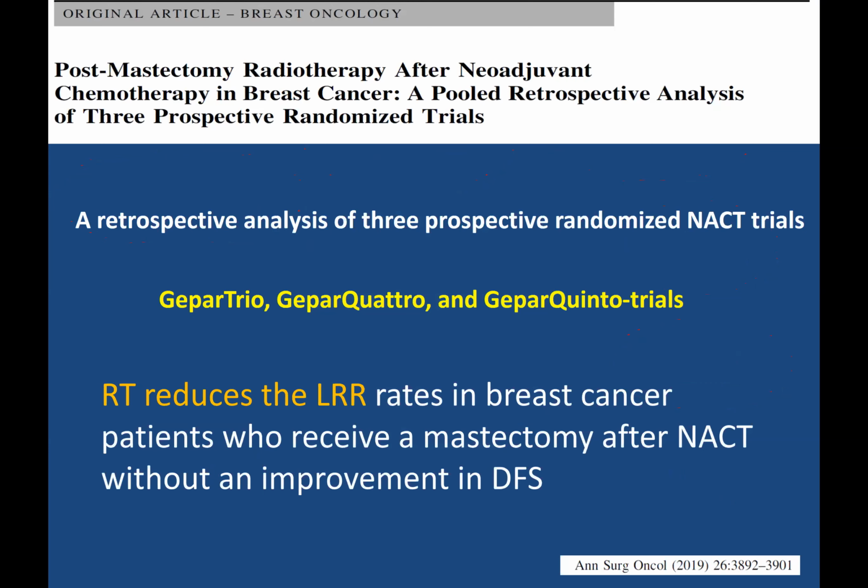This is the area where Dr. Rashmi has talked regarding the question of post-mastectomy radiotherapy after neoadjuvant chemotherapy in breast cancer. As she rightly pointed out, we'll have to wait for better prospective randomized trials. We have some retrospective analyses of the three major prospective randomized trials, and all have shown that in locally advanced breast cancer, radiotherapy reduces the loco-regional recurrence rates in patients who receive a mastectomy after neoadjuvant chemotherapy, without any improvement in disease-free survival.